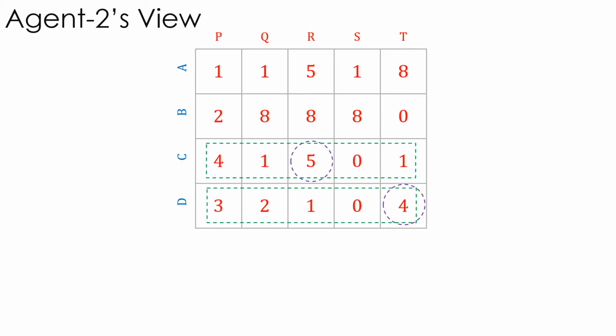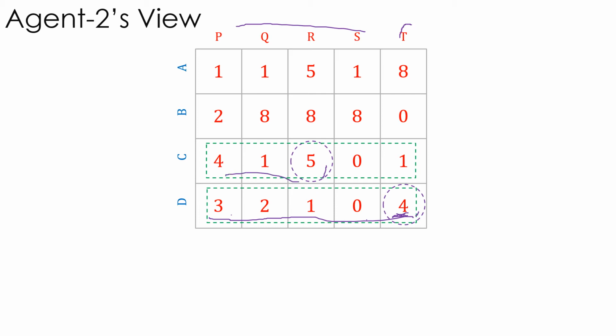From agent 2's view, again, these two are Nash equilibria. If agent 2 unilaterally deviates from, say, T in this Nash equilibrium to any other action, then the payoff decreases from 4 to 0, 1, 2, or 3, which are all lower.